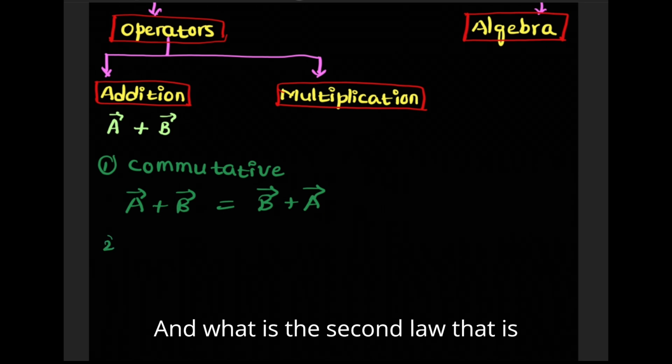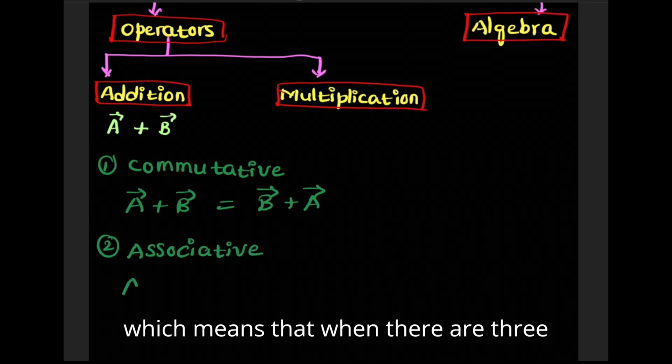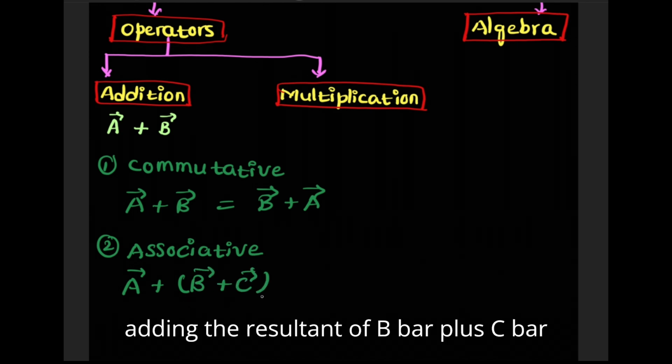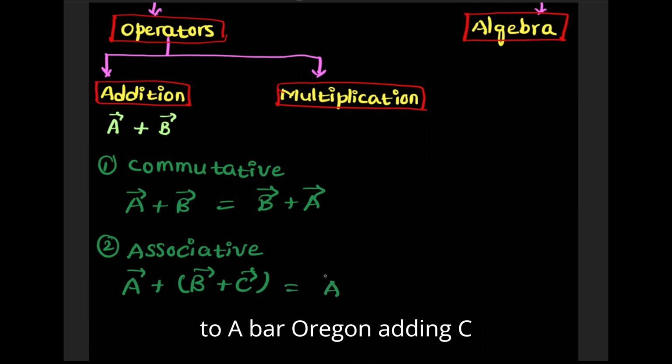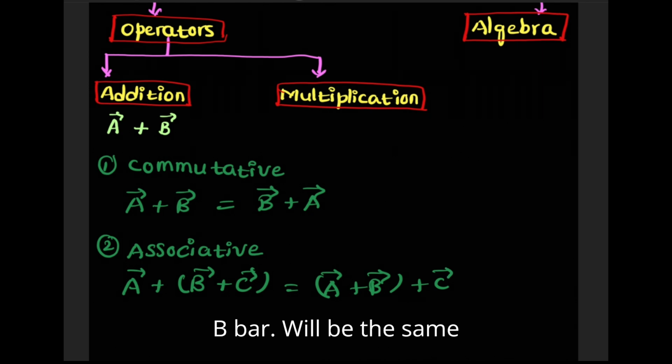And what is the second law? That is the associative law, which means that when there are three vectors a bar, b bar and c bar, adding the resultant of b bar plus c bar to a bar, or adding c bar to the resultant vector of a bar and b bar, will be the same.